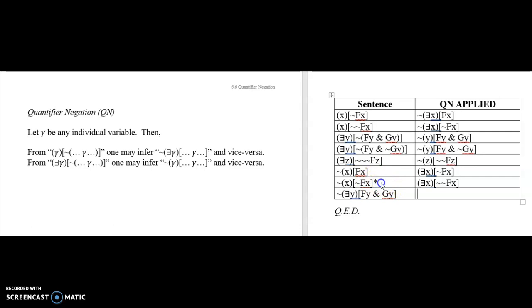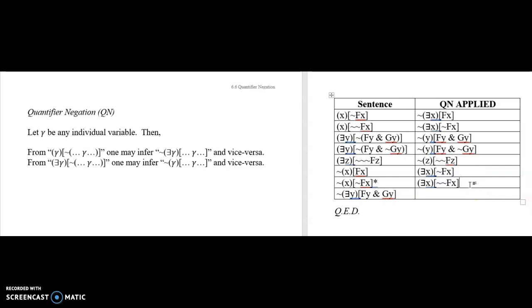Okay, so the reason for the asterisk here is that this one has negations in both places, which means you have your pick of how to apply it. You could either go from this, where you're using this negation and transferring it to the outside, from the inside to the outside on a universal quantifier, or you could go from the outside negation to the inside, which is what, in fact, I've done here.